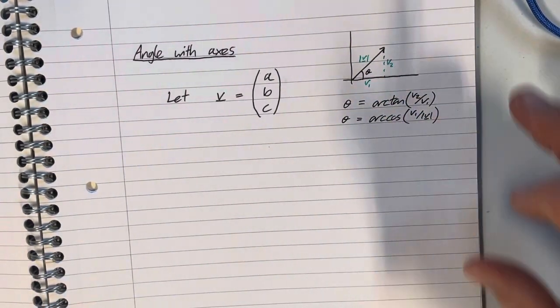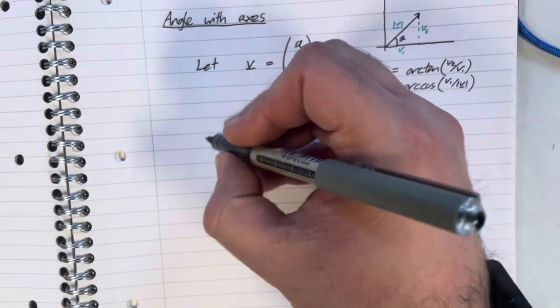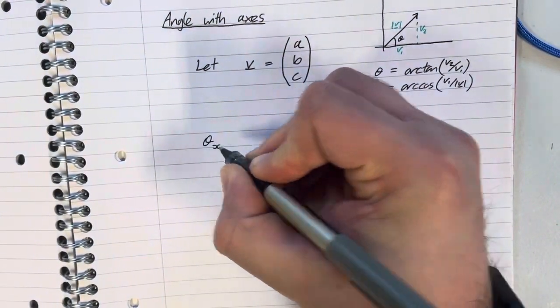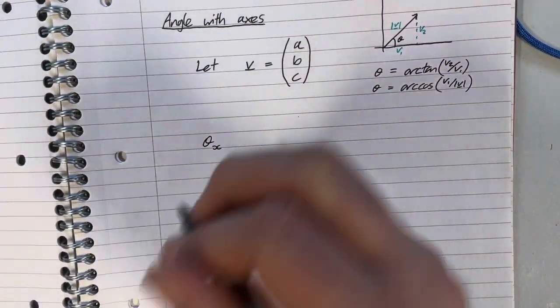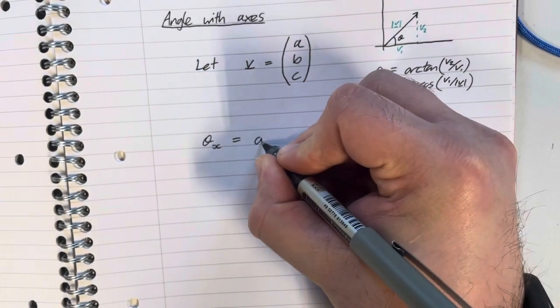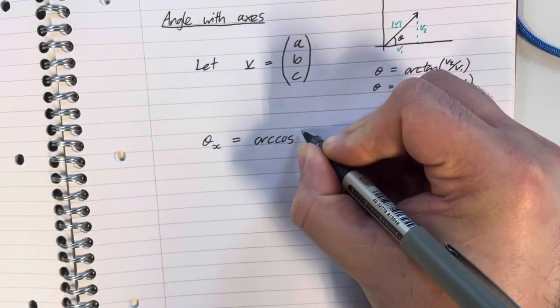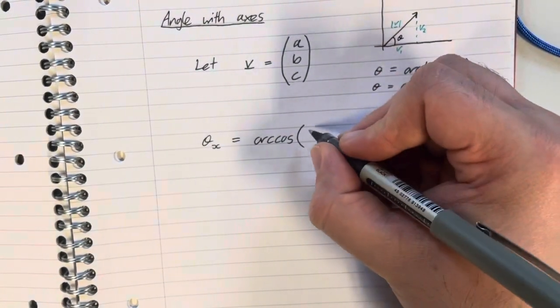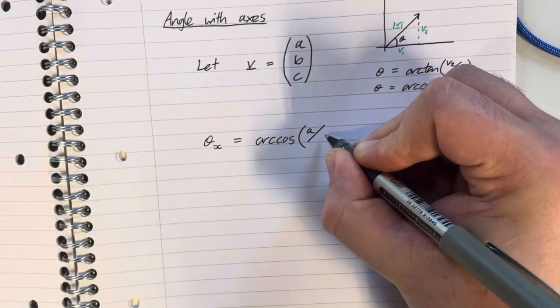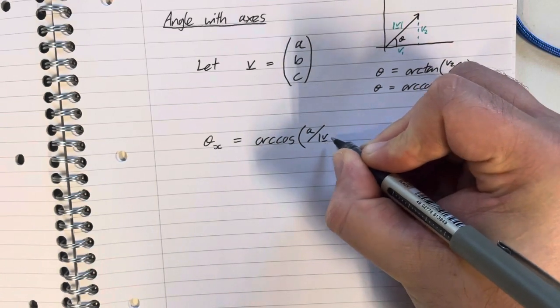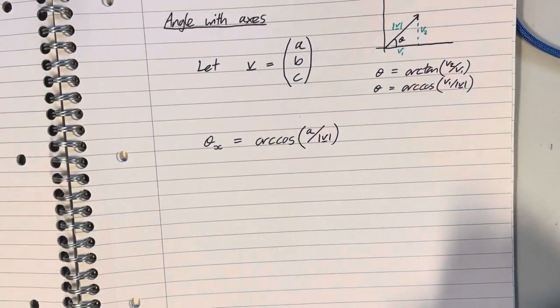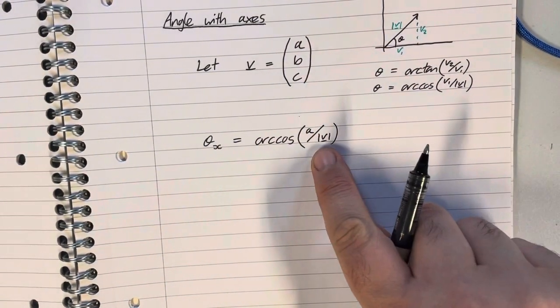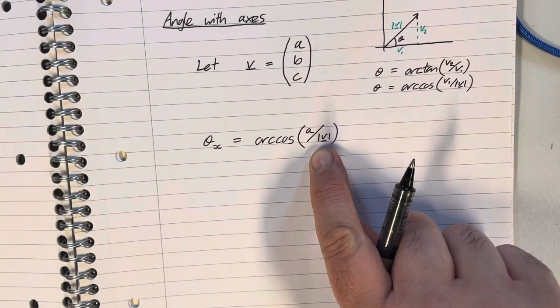Exactly the same is true in 3 dimensions. If you want to find the angle of the vector with the x-axis, you would inverse cosine the x component, which in this case is a, divided by the modulus of v, which would be the square root of a squared plus b squared plus c squared.